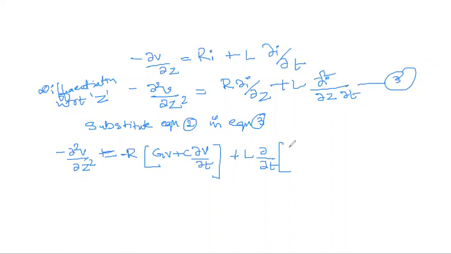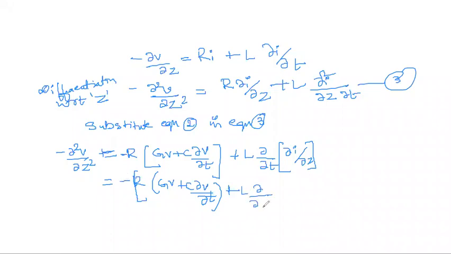Here also you substitute equation 2, so the whole equation will be minus R, whole negative, you can take it outside, (GV plus C ∂V/∂t), plus from this also I'll take the negative outside, L ∂/∂t of (GV plus C ∂V/∂t).